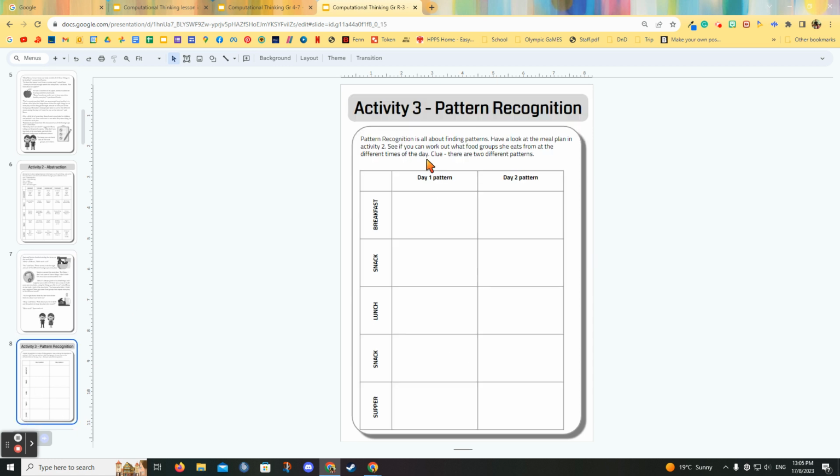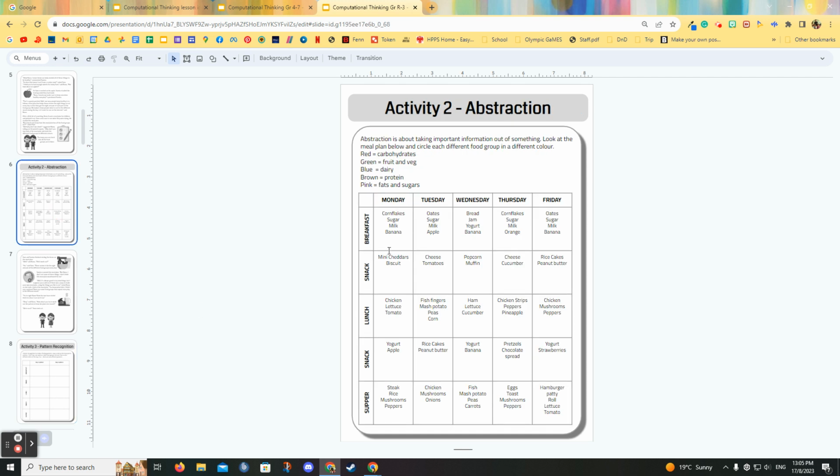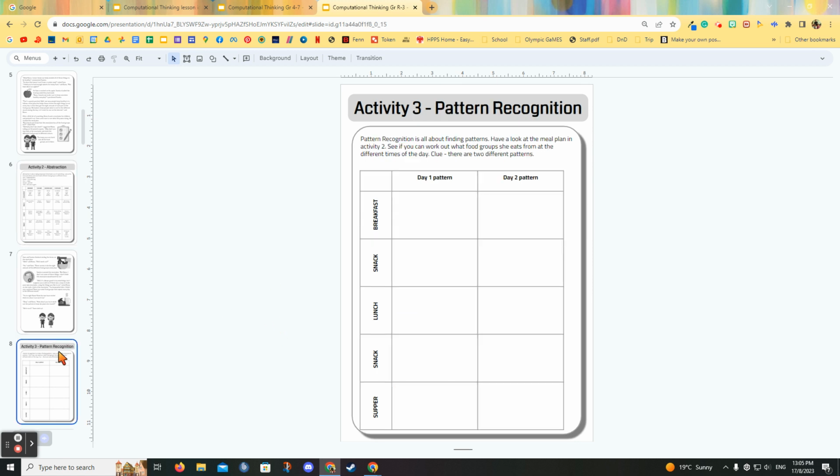Now they're going to look at the meal plan where they circled things in activity 2, and work out what food groups are chosen at different times of the day. Basically, there are two patterns that occur over here.